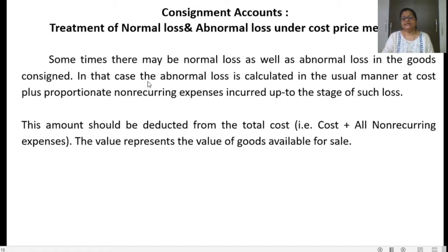In that case, the abnormal loss is calculated in the usual manner at cost plus proportionate non-recurring expenses incurred up to the stage of such loss. We have discussed in a previous class how to calculate abnormal loss. Then this amount should be deducted from the total cost plus non-recurring expenses. The value represents the value of goods available for sales.